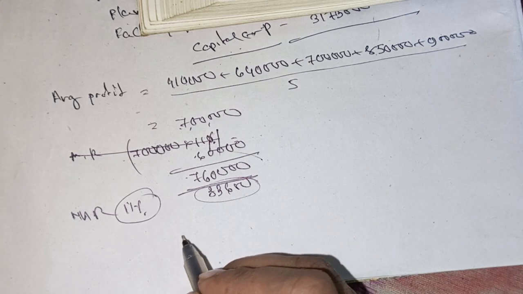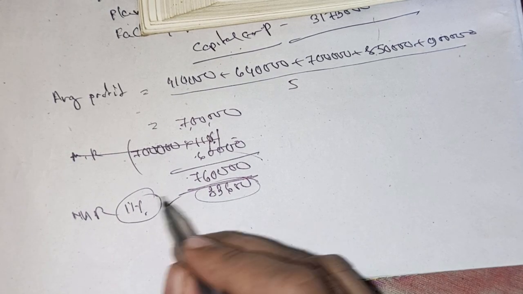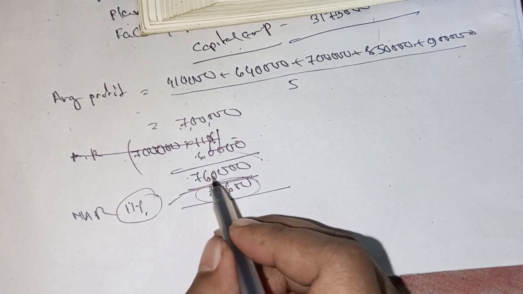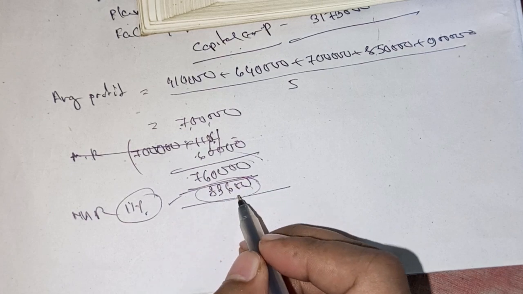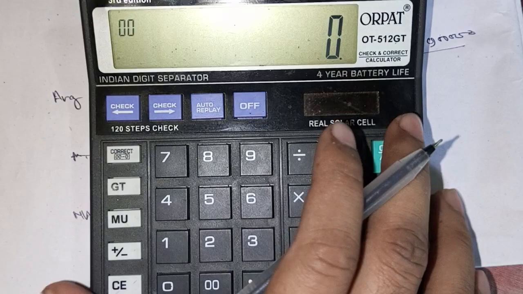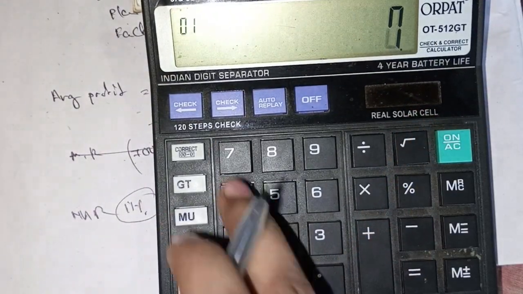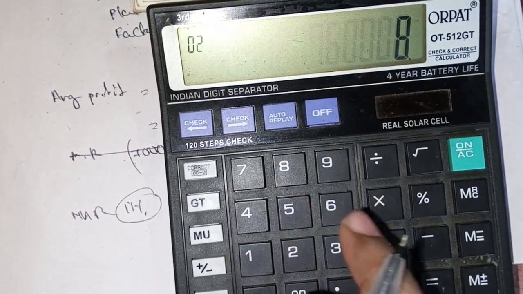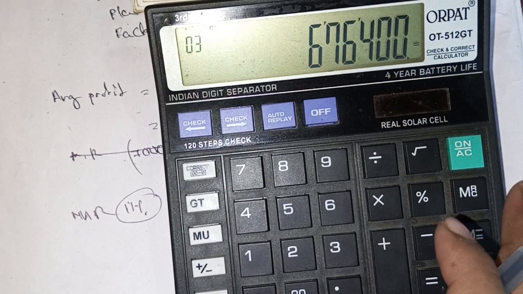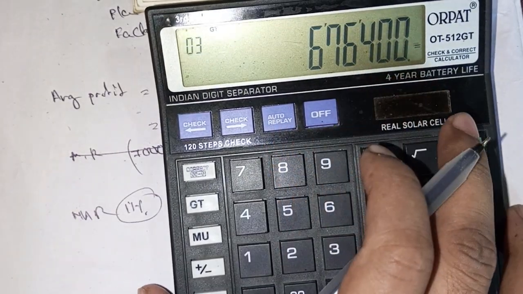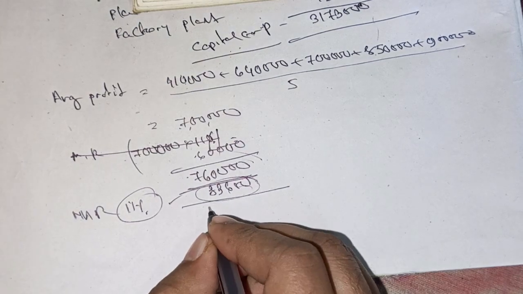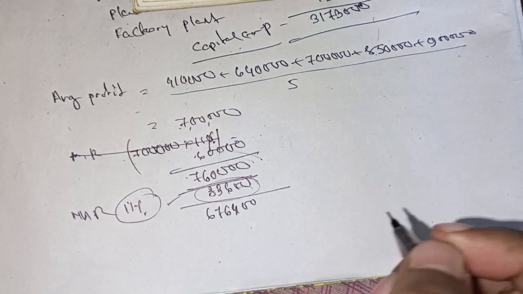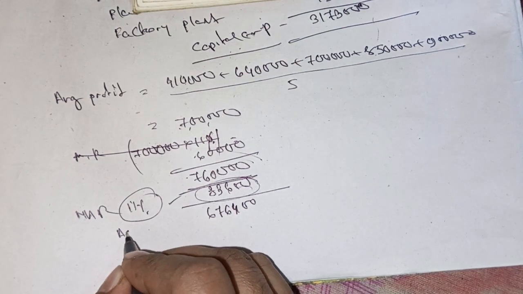If we give it to the manager, what will our average profit be? It will be 7,60,000 minus 83,600, which is 6,76,400. It is our actual average profit.